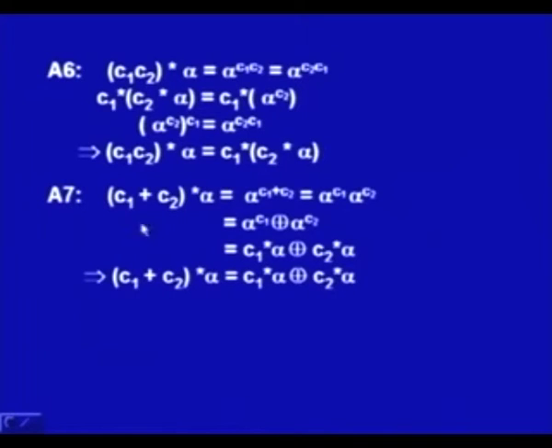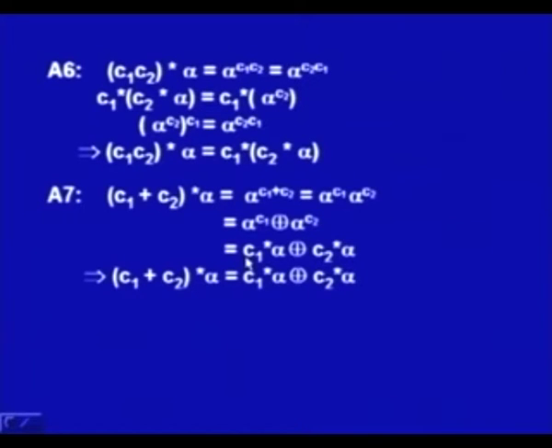Finally, A7 is C1 plus C2 star alpha, which is equal to alpha raised to power C1 plus C2, where C1 and C2 are scalars. This can be written as alpha C1 multiplied by alpha C2, this is the property of real numbers. So, this is a product of two numbers, alpha C1 into alpha C2, which means alpha C1 plus alpha C2 in our operation.